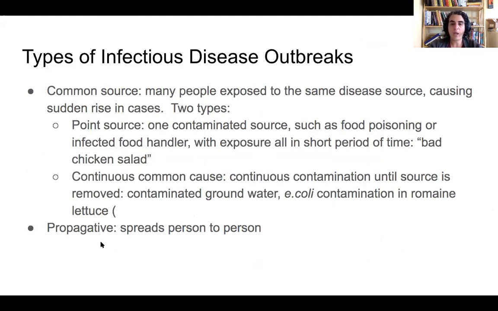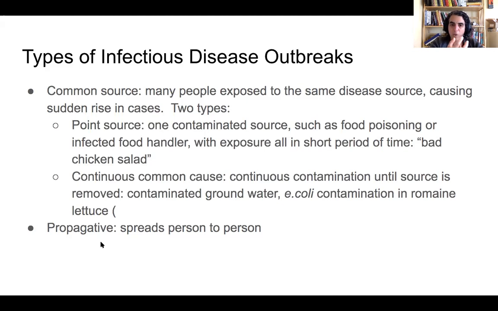But we also have common source outbreaks where many people are getting sick from some contaminated source, often, although not always, food poisoning. And food poisoning, that is contaminated food of some source, really is the most common type of infectious disease outbreak. When we're talking about common source outbreaks, sometimes it's a point source.